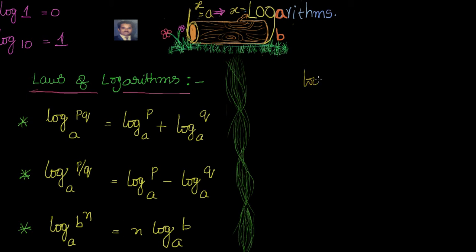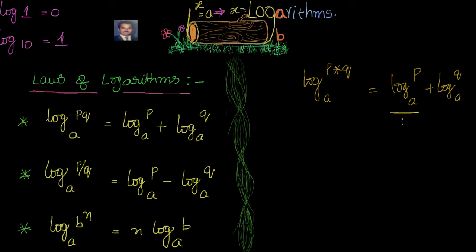The first one: logarithm of p into q to the base a is equal to logarithm of p to the base a plus logarithm of q to the base a. Now this we have to prove.